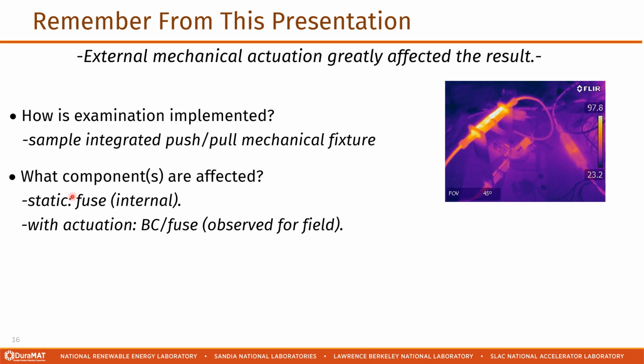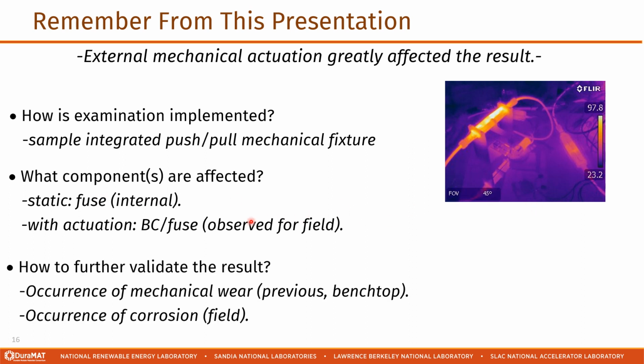We did not see failure at the fuse element in the field samples. We are concerned about the issues of mechanical wear, and we saw that in our previous benchtop test. And then the occurrence of added corrosion that was observed in some of the field samples.